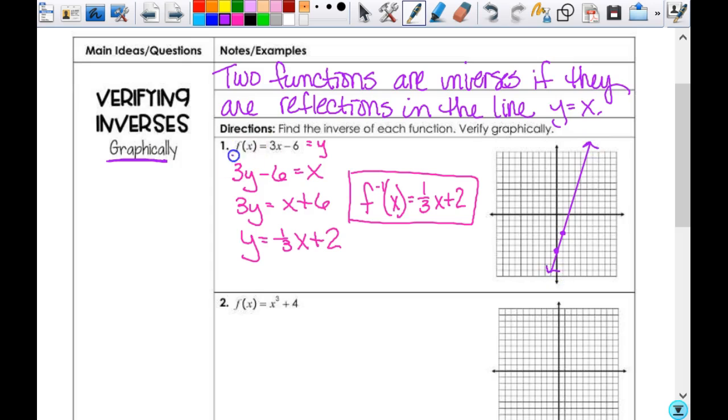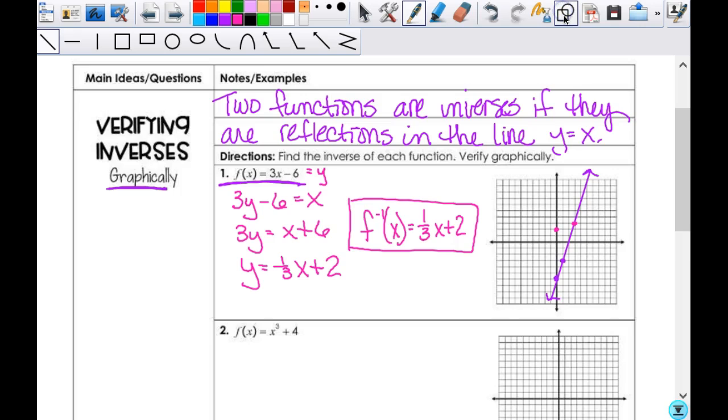So that is the original line, f of x equals 3x minus 6. Then I need to graph my inverse. So my inverse is also a line. My y-intercept is 2. My slope is 1/3, so I can go up 1 and over 3.